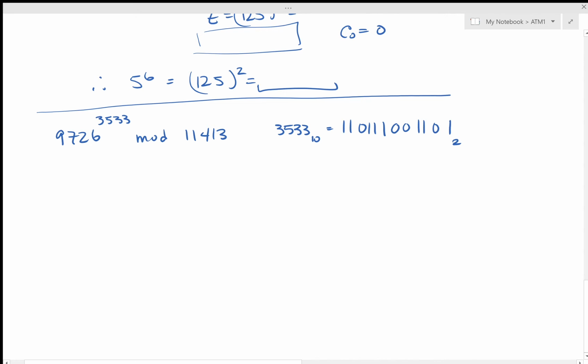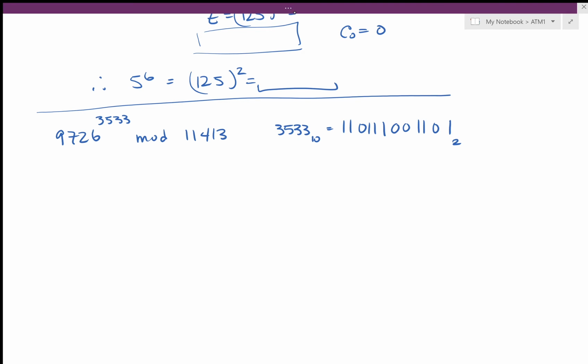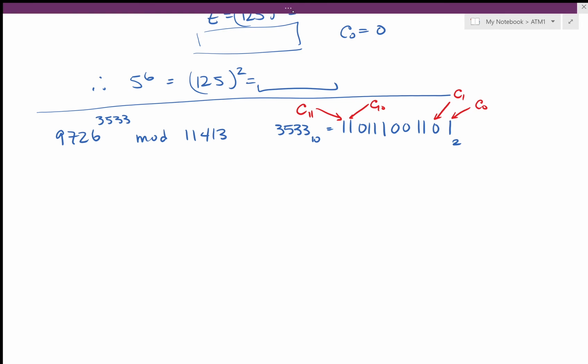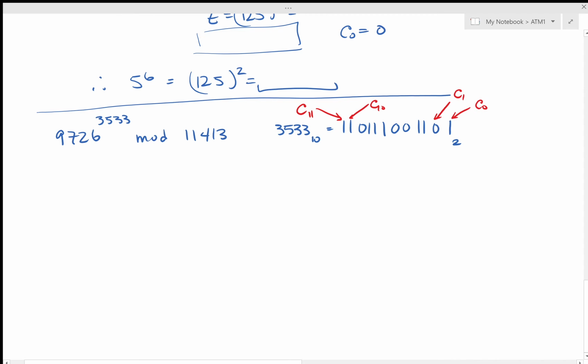Okay, so we now have the binary digits here of C, and then this is going to be C0, this here will be C1, etc., etc., and then this will be here C10, and then finally this one here will be C11. Okay, so that's how I'm going to refer to them in the algorithm. The algorithm will start with I equal to 11.